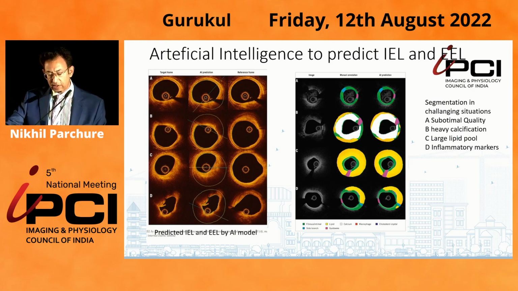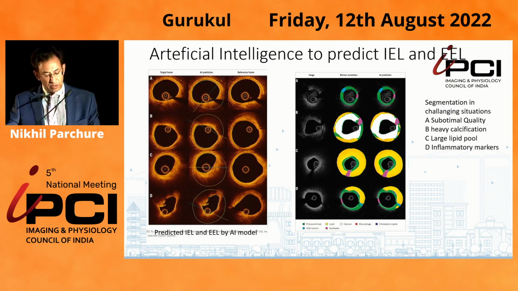You can see the segmentation in challenging situations. A is a suboptimal quality, but it immediately gives you the histology that it's all fibrous. B is a heavy calcification, and it tells you about the calcification in white. C is a large lipid pool, demonstrated like the yellow one. And D is inflammatory markers telling you where the macrophages are and, if it's highly inflamed, whether it is TCFA or not.